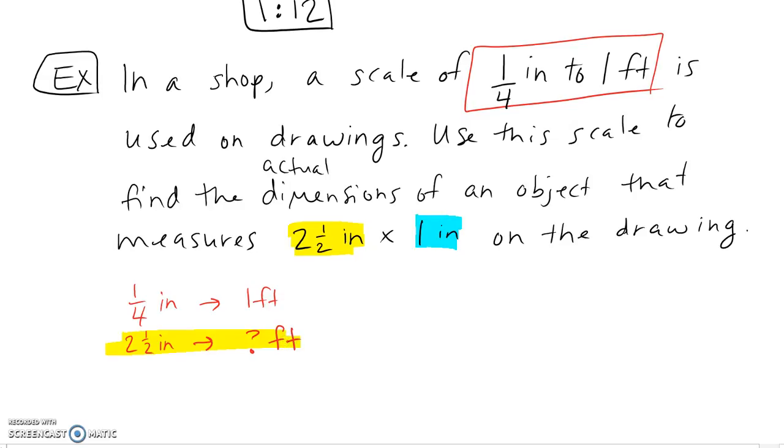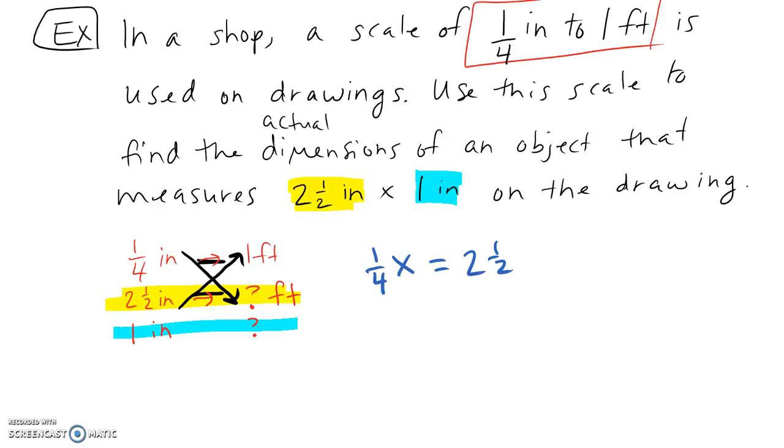You can think of the arrows as basically giant equal signs. You don't have to do anything special. And this is why we understand that extremes are equal. So 1/4 times x has to equal 2.5 times 1, which is 2.5. Divide both sides by 1/4, and I get 10.